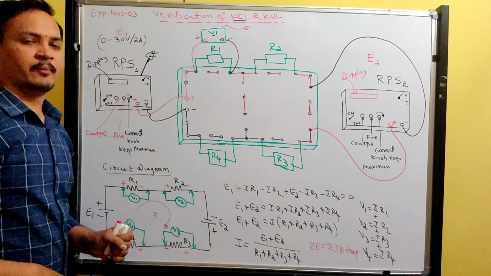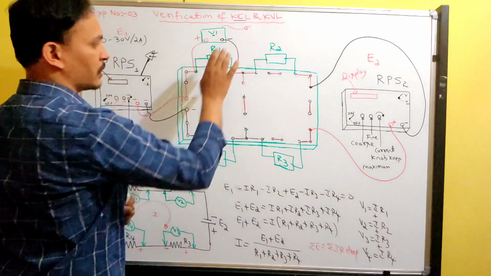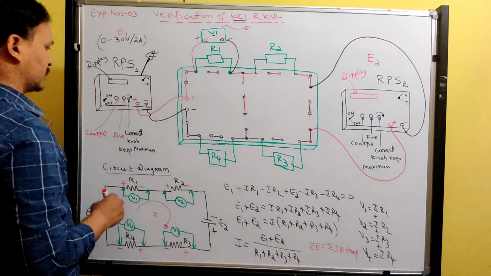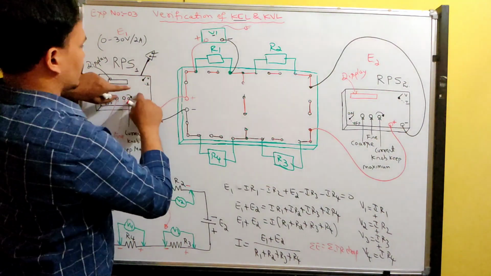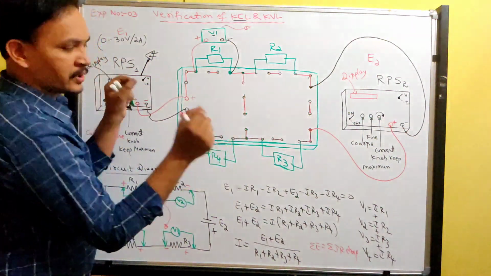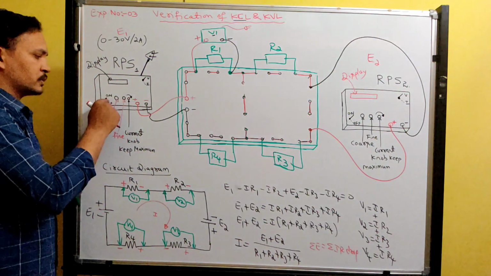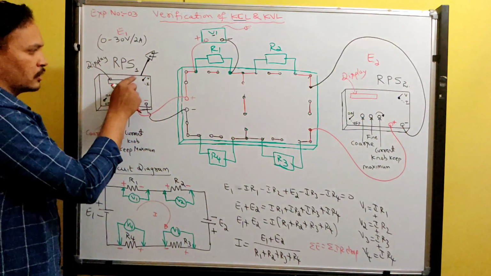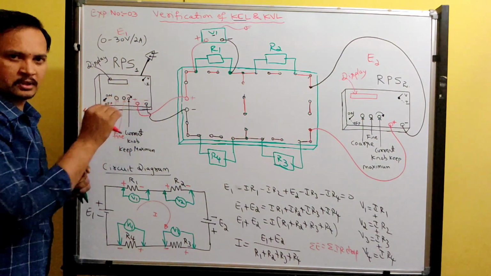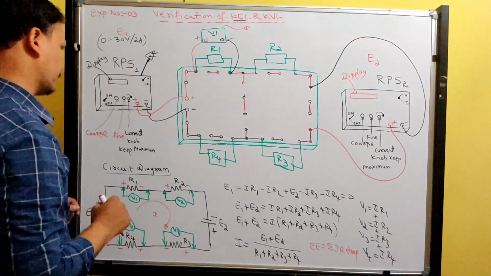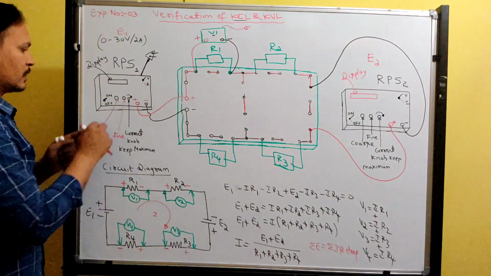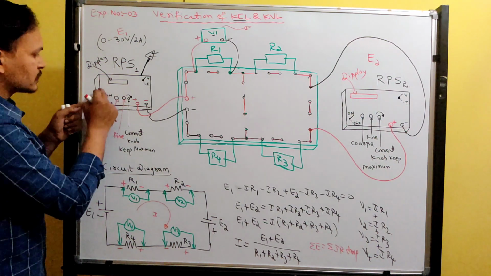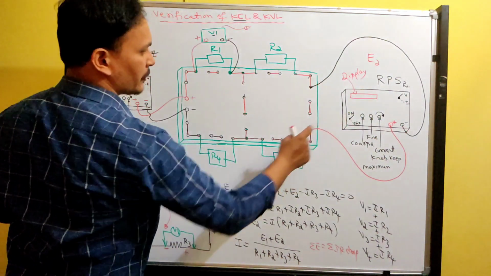In the previous ammeter experiment also, we used three ammeters. We have a power plug that should be inserted into the socket. Insert the power plug of both RPS to the supply, then switch it on. Before switching on, both RPS should be in voltage mode. In the topmost right corner, a toggle switch will be there. That toggle should be in the upward direction, meaning voltage mode. Then switch on the on and off button, on both sides.